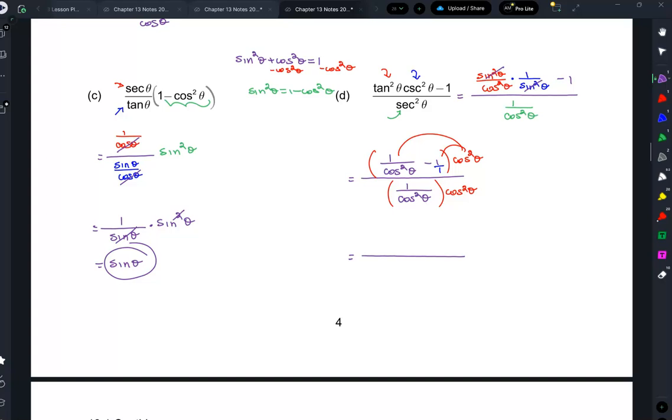First term, when I distribute, what does it give me? 1. Second term, cosine squared theta. What do I have on the bottom? What does all this give me? 1. Okay, what now? What do you think?